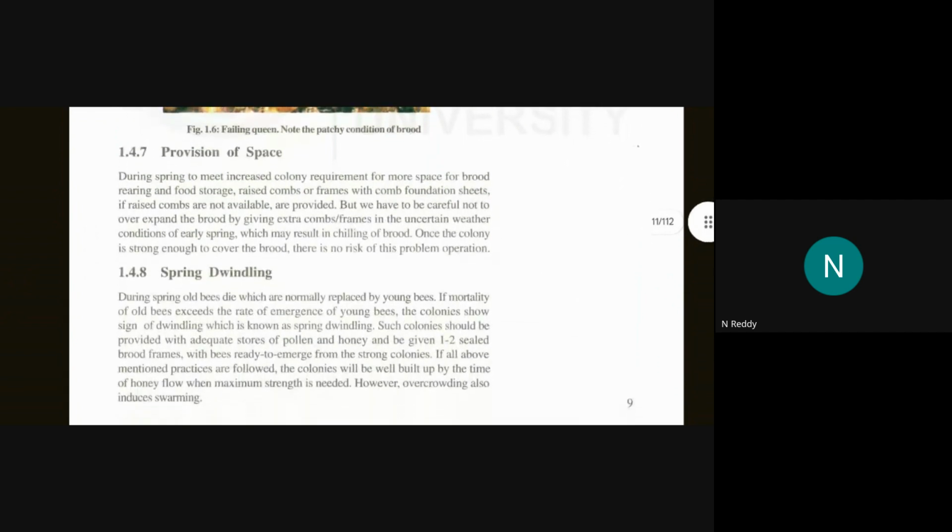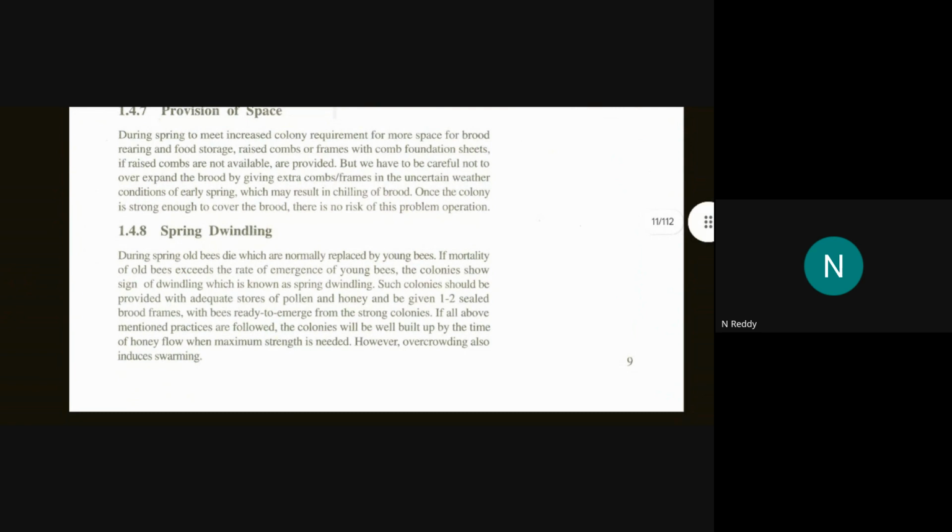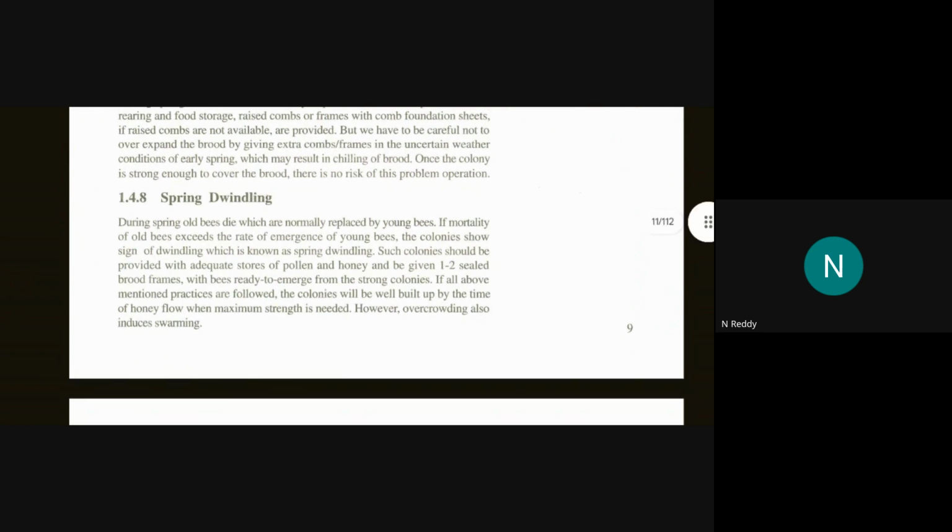We can introduce new eggs to the colony with brood cells, which means the worker cells will be made into a queen cell to rear a new queen. Provision of space: extra combs or frames must be given for multiplication of the worker numbers in the colony.